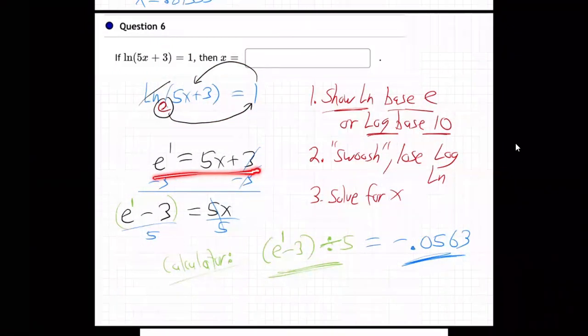We've learned that logarithms and exponentials are opposites of each other, two ways of saying the same thing in opposite language, like one and uno are two ways to say the number one. Then you just solve for x. Subtract 3 and divide by 5. But when you put it into your calculator, remember to parenthesize the numerator because there's more than one item in the numerator. And so there we go.